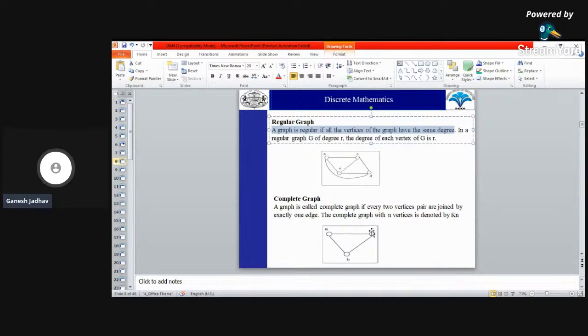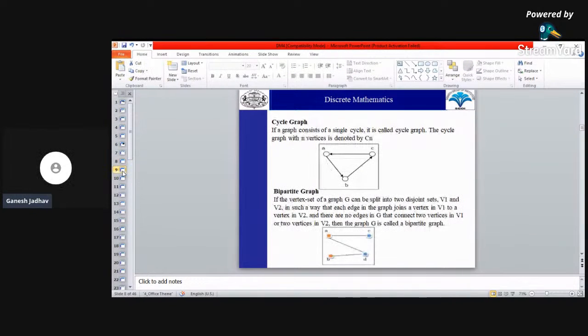A complete graph with n vertices is denoted by Kn. So this is the complete graph.